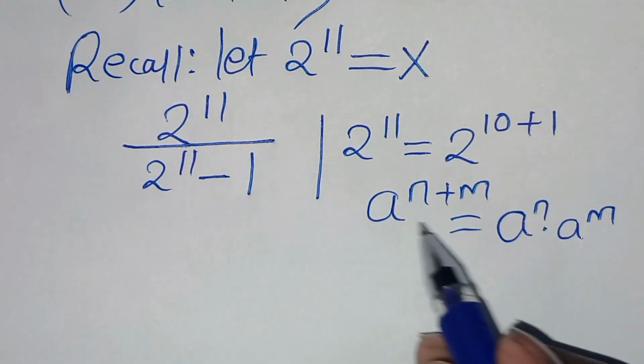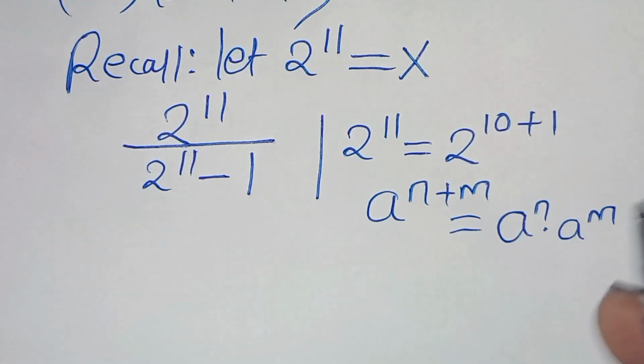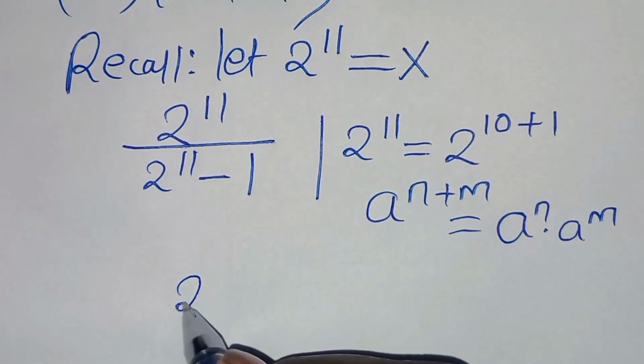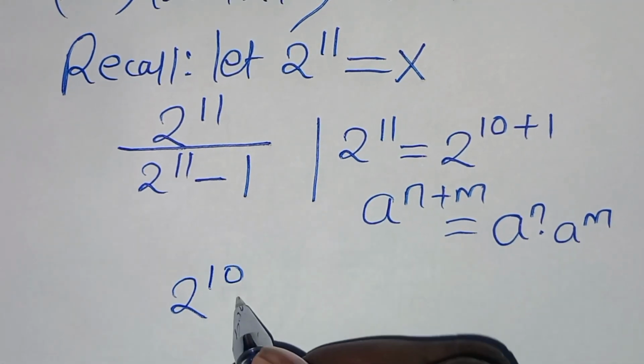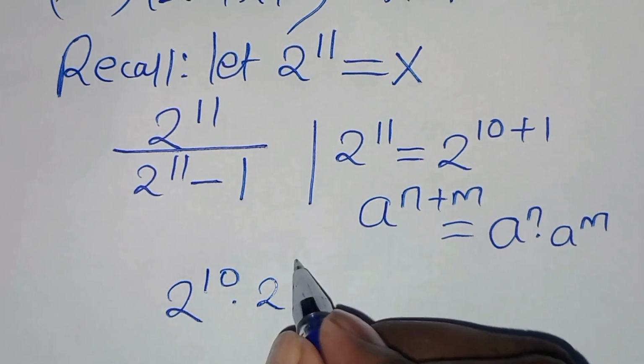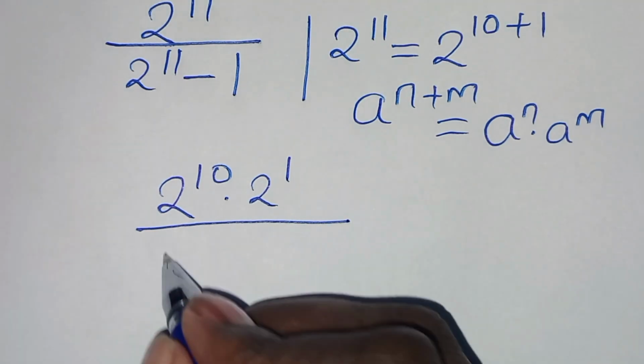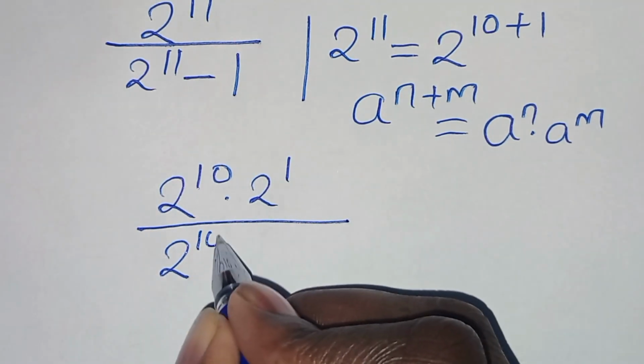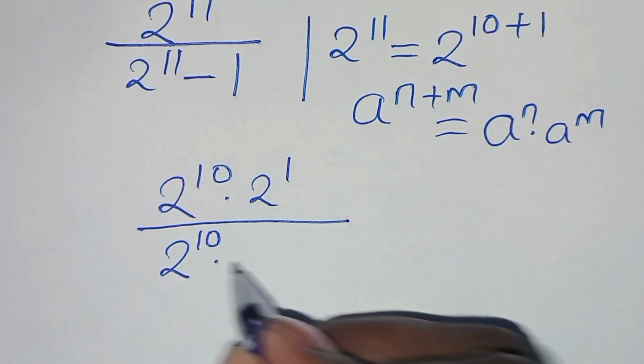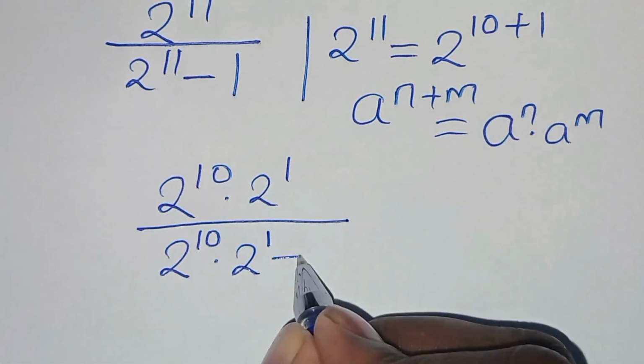Applying this exponent property, in the numerator we'll have 2 to the power 10 times 2 to the power 1, divided by 2 to the power 10 times 2 to the power 1, subtract 1.